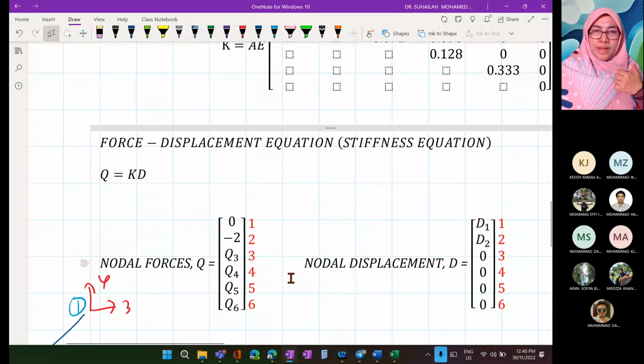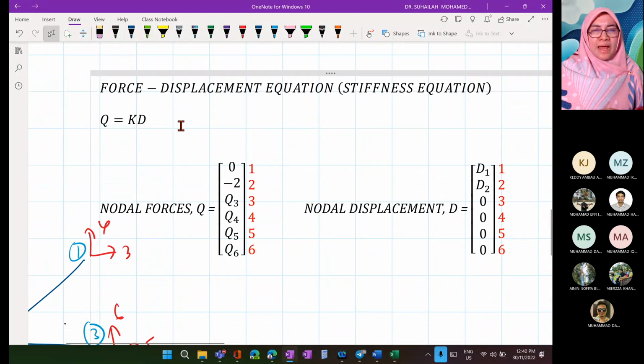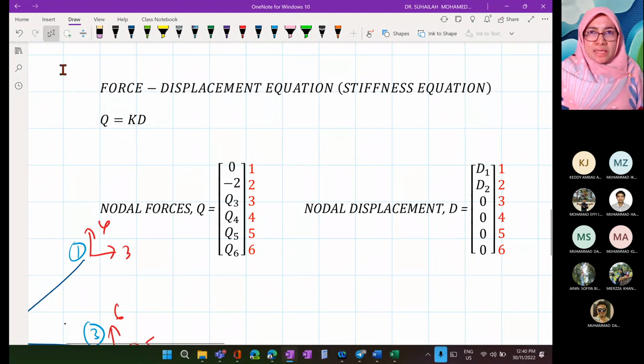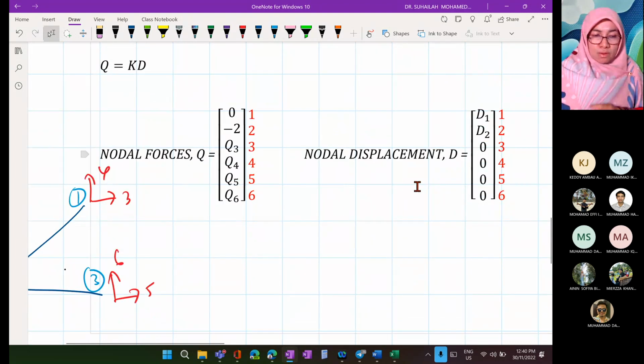Then when we have Q, we have D, we have K, so we combine to have one stiffness equation written in matrix form in full. Q is equal to KD, so we will have this.